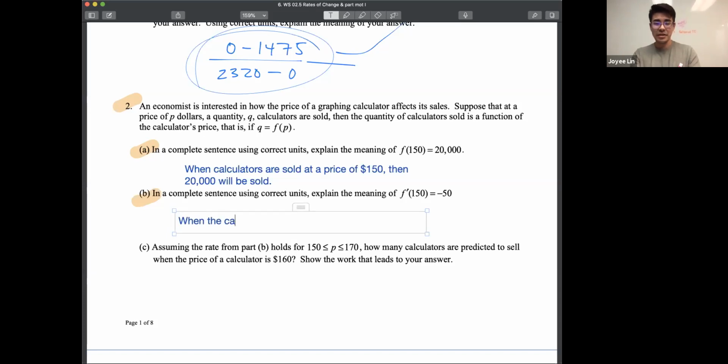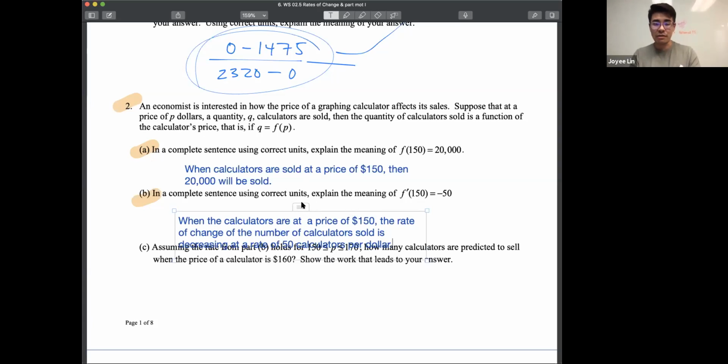When the calculators are at a price of $150, we can say the rate of change of the number of calculators sold is decreasing at a rate of 50 calculators per dollar.